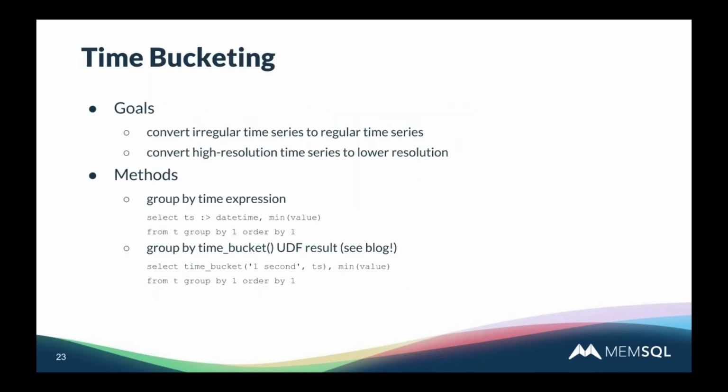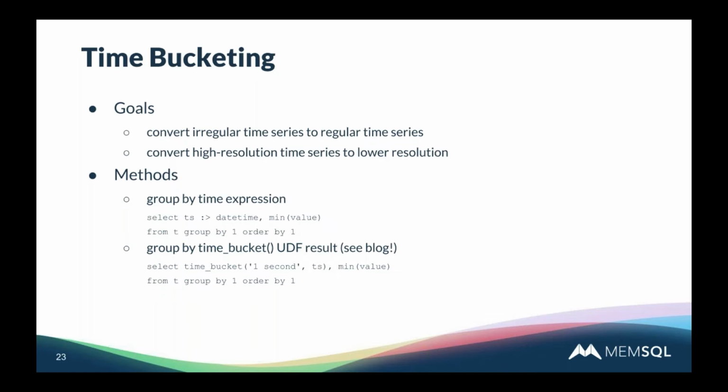Another important operation that people want to do on time series data is to aggregate over well-defined time buckets. This is called time bucketing. Your goal when doing time bucketing may be to convert an irregular time series to a regular time series. An irregular time series has entries at irregular intervals.